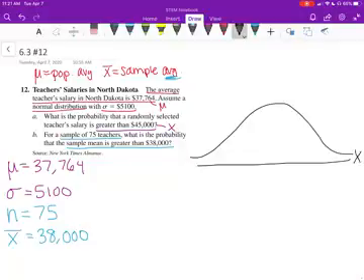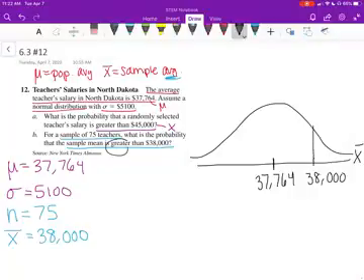Here's in terms of X. And here we have 37,764 as our mu. And our X bar is 38,000. That's bigger, so it's going to be on the right side. And they want greater than 38,000. So we're going to shade to the right.